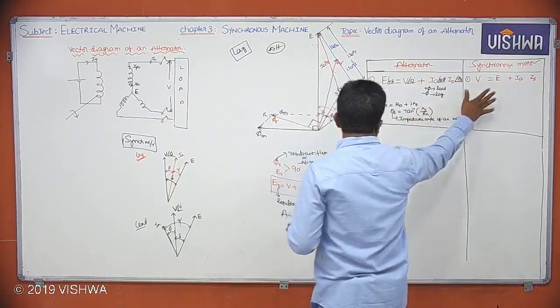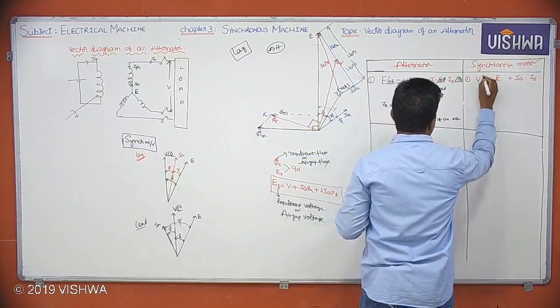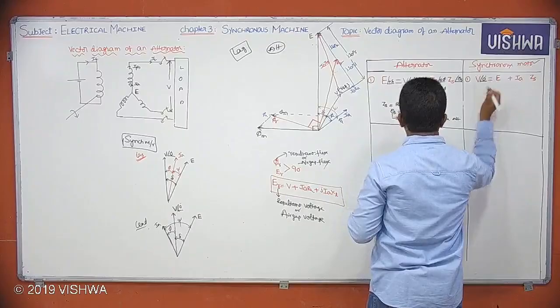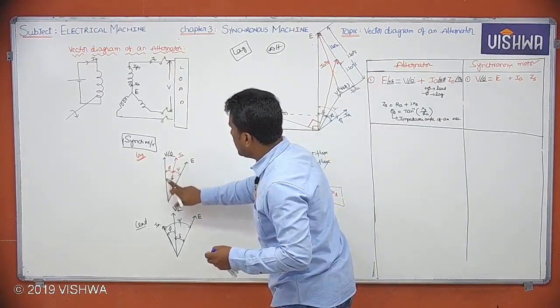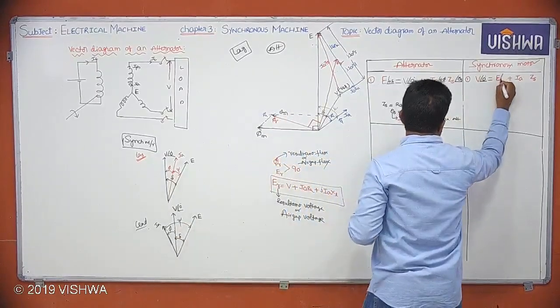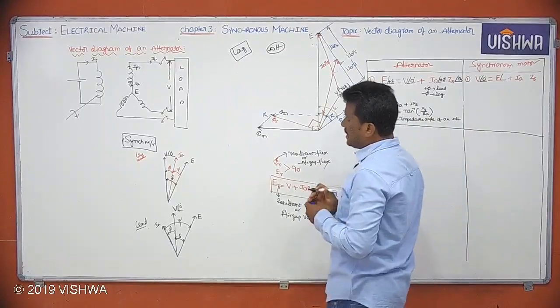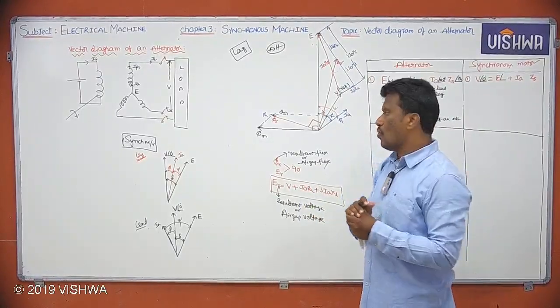Now tell me, what is the basic formula you can write? Since V is reference, we can take here V at 0. And what is the angle between E and V? Delta. So I have to write plus delta or minus delta? You should write delta as a negative. Why?